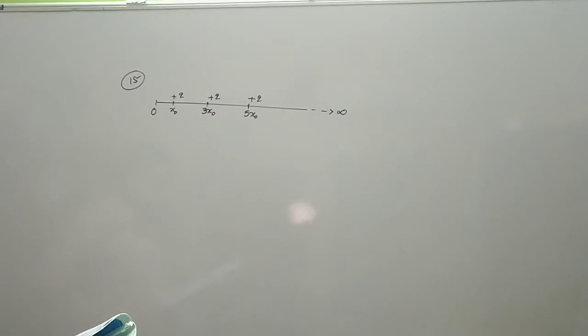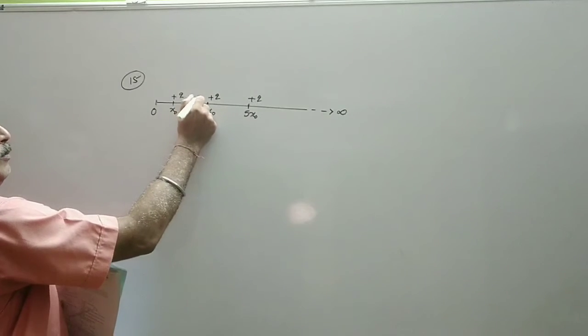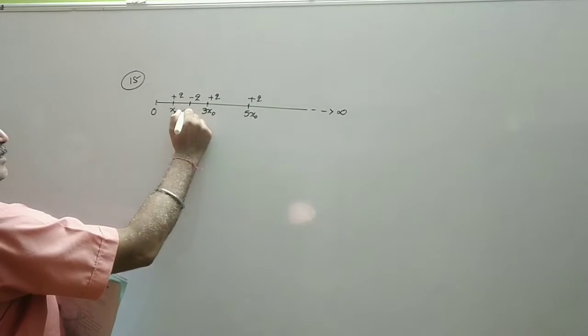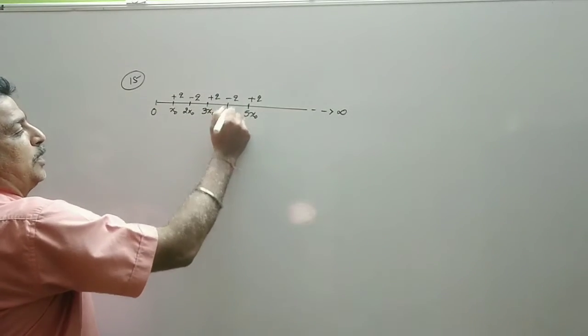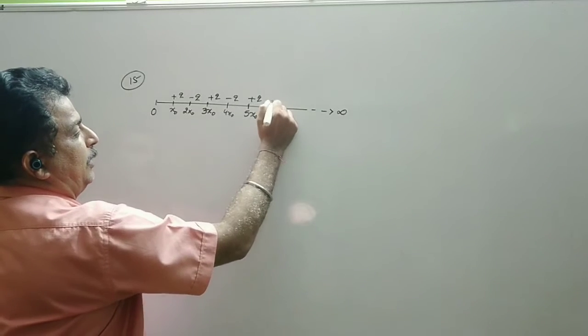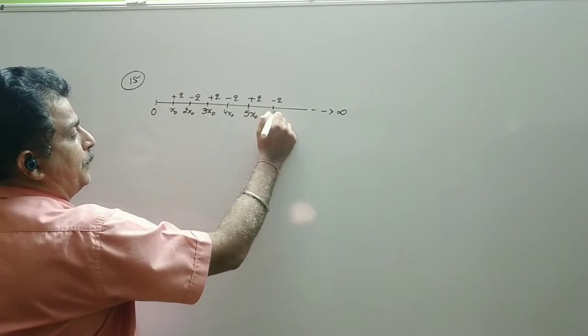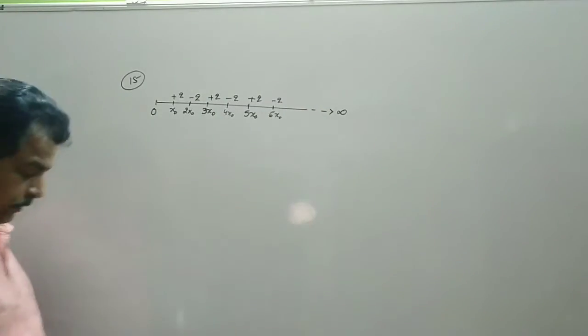Then we have a negative charge fixed at even distances. That is, minus q at a distance 2x naught, minus q at 4x naught, then minus q at 6x naught, like this up to infinity.